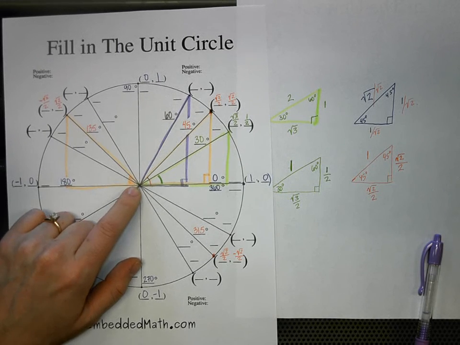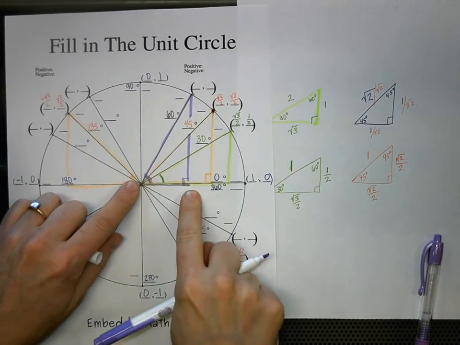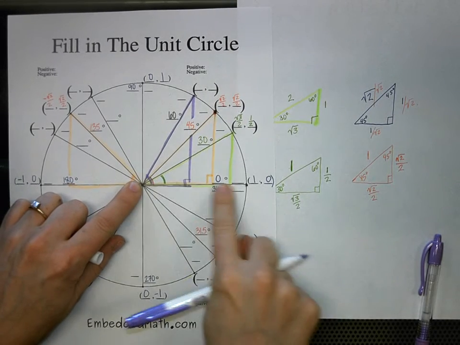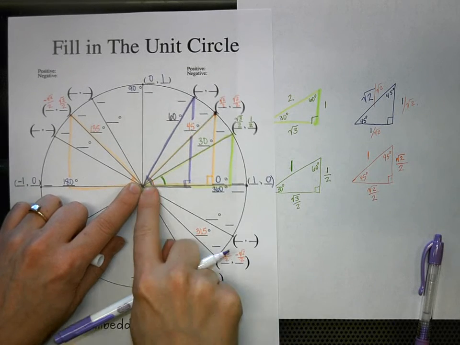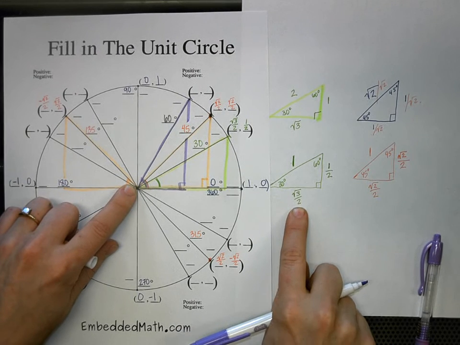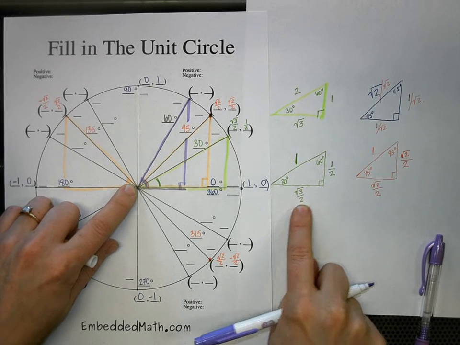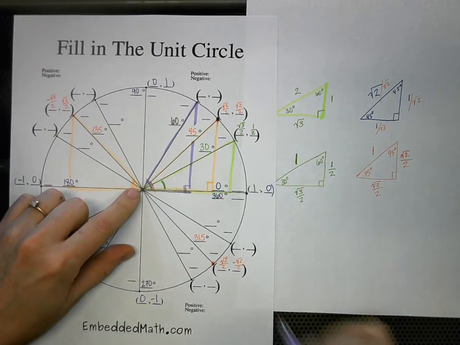You can tell because my x is now shorter than my y, where before my x was longer than my y. So the longer side of a 30, 60, 90 triangle is root 3 over 2. The shorter side is 1/2. So how far am I going to the right?